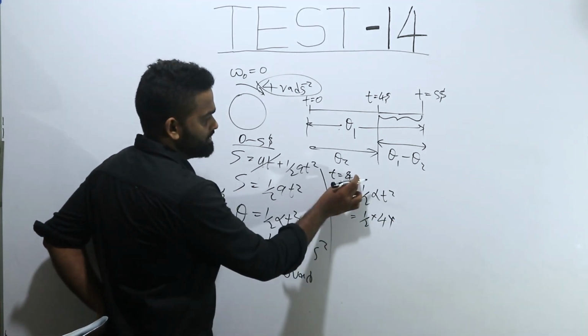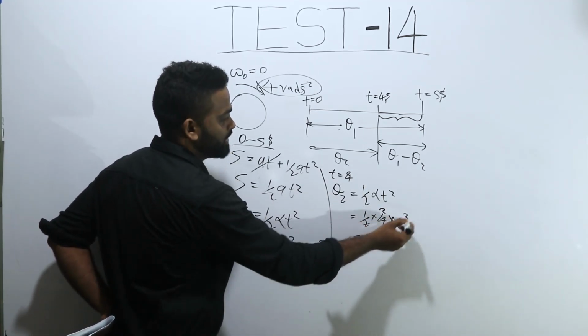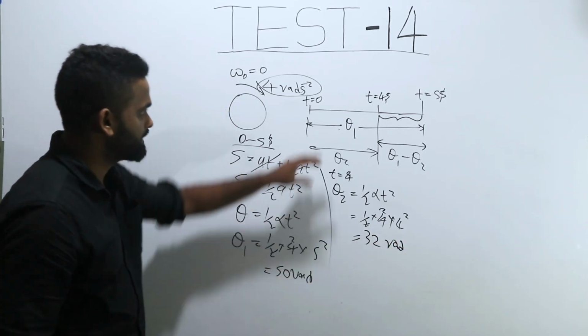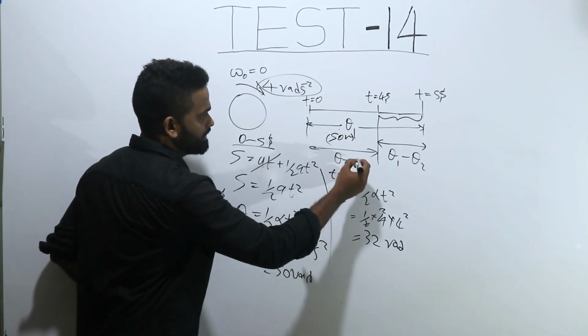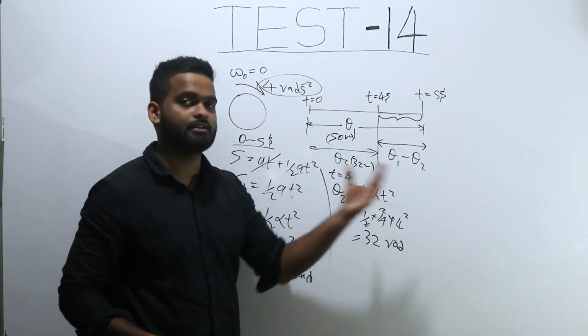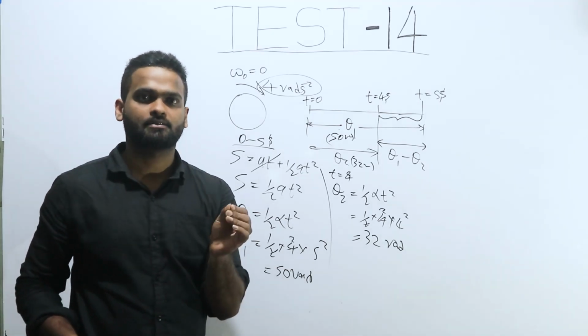Times now the time is 4, 4 squared. 2 cancels, so 2 times 16, that is 32 radians. So you understand θ1 is 50 radians and θ2 is 32 radians. The difference should be the angular displacement within the 5th second.